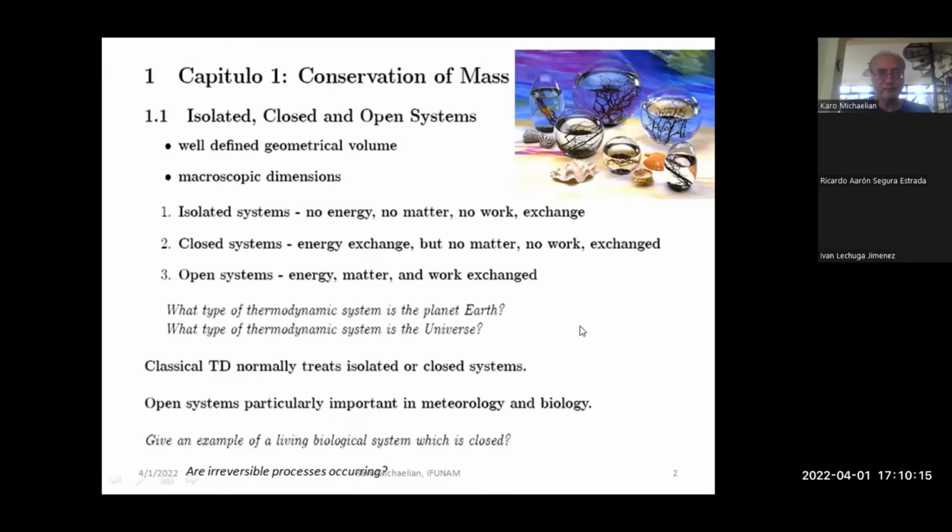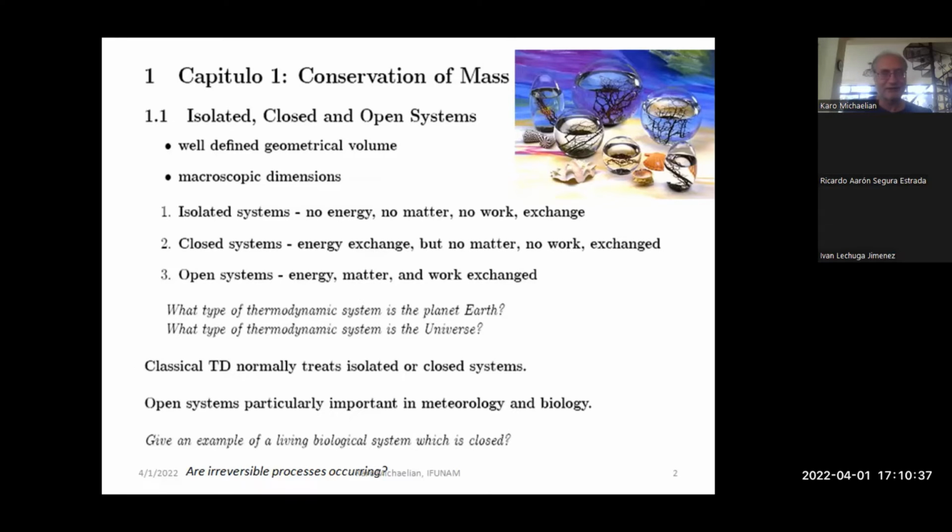I think the same about the universe, because we don't really know. That's a difficult question. There are a lot of theories of parallel universes and the possibility of going from one to the other. So then it would have to be an open system. But who knows? That is all speculation.